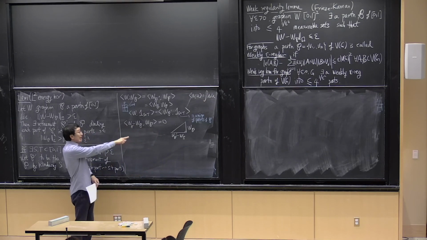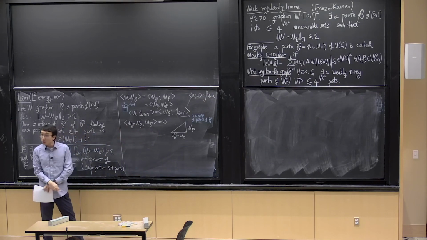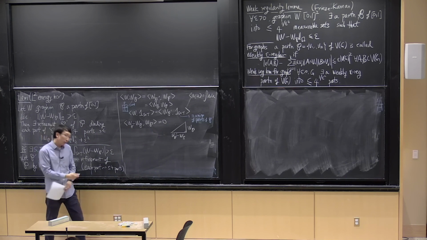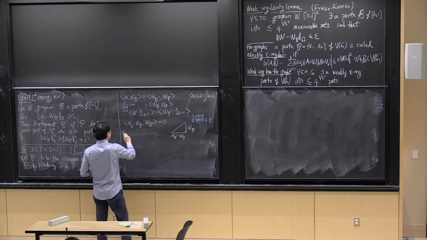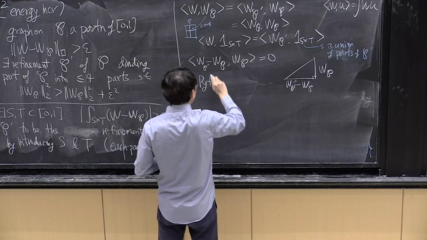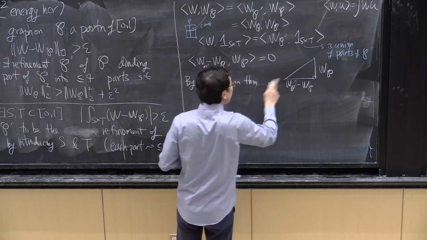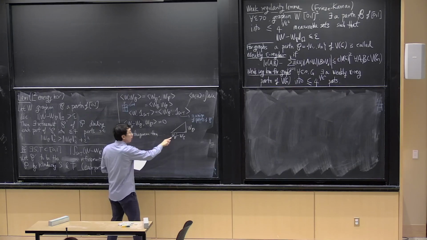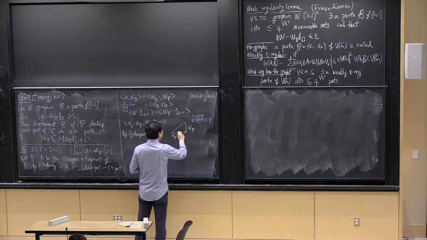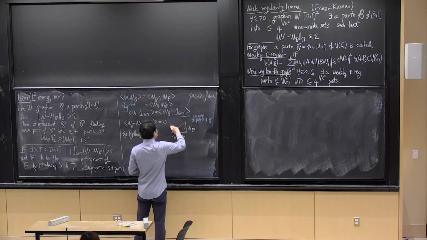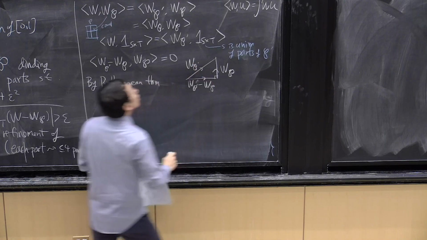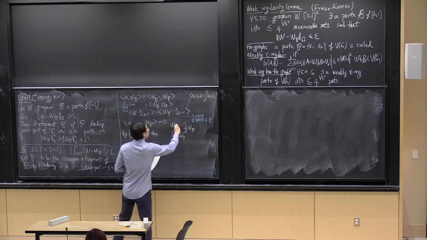Okay, so you have a right angle because you have an inner product that is 0. So by the Pythagorean theorem, okay, what is this hypotenuse? Right, so you add these two vectors and you find that it is WP prime.